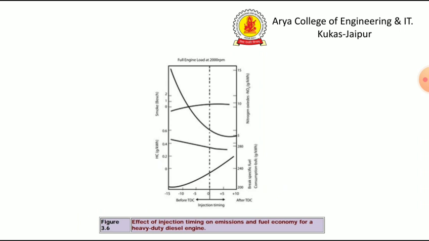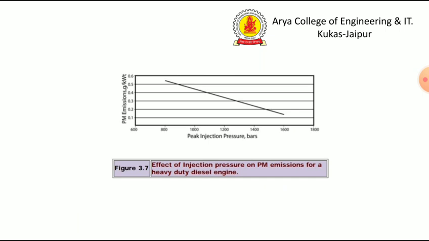There is also an increase in HC emission sharply with the retarded injection timing, and lower NOx emissions. And this is the effect of injection pressure on particulate matter emissions for a heavy duty diesel engine. As the injection pressure increases, the particulate emissions decrease.